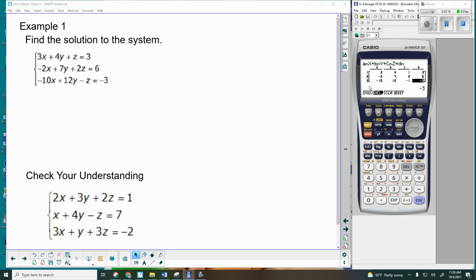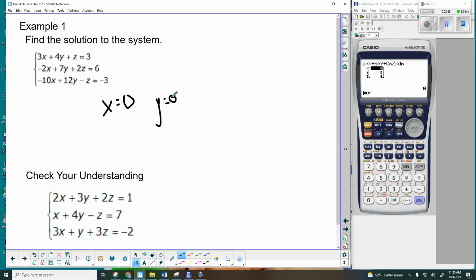So then I have everything in there, and I press F1 to solve. And it tells me x is 0, y is 0, and z equals 3. And then that's it. That's our solution.